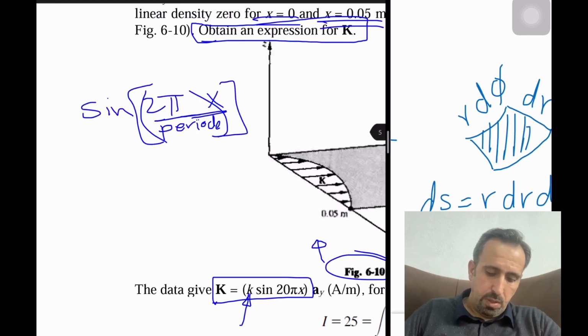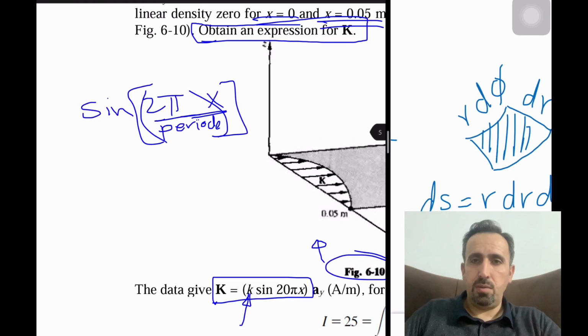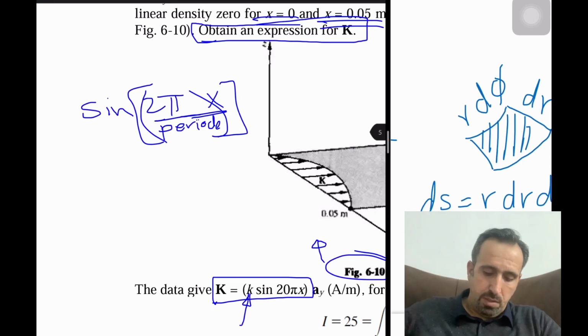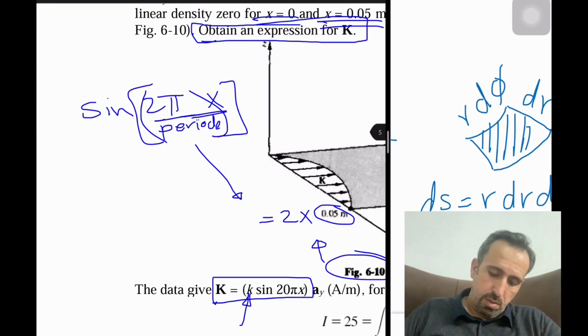So how much period? I am intending not to type T because you don't have T here. It is a space function with respect to distance. So you have this for half of a sine cycle, and multiplying by 2, you get the complete period. How much will it be? It will be 0.1 meter.